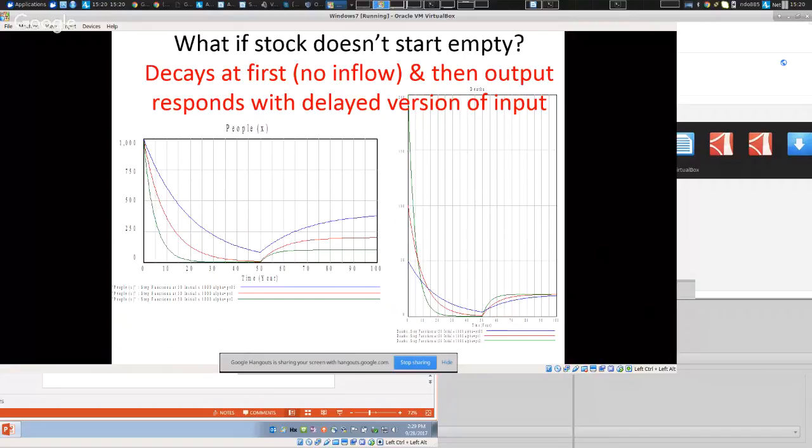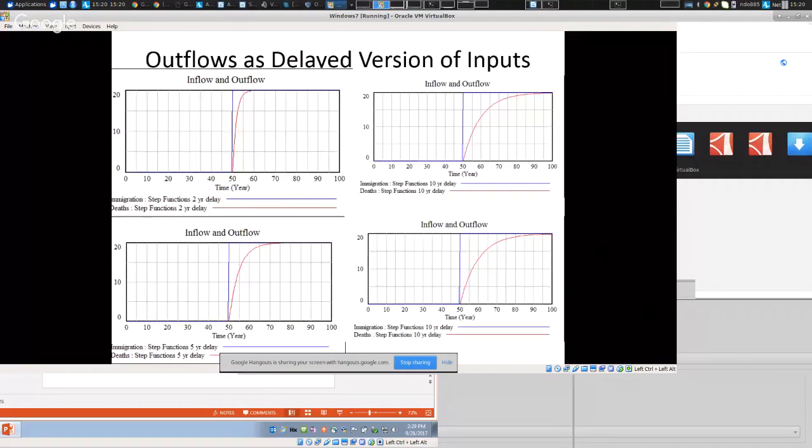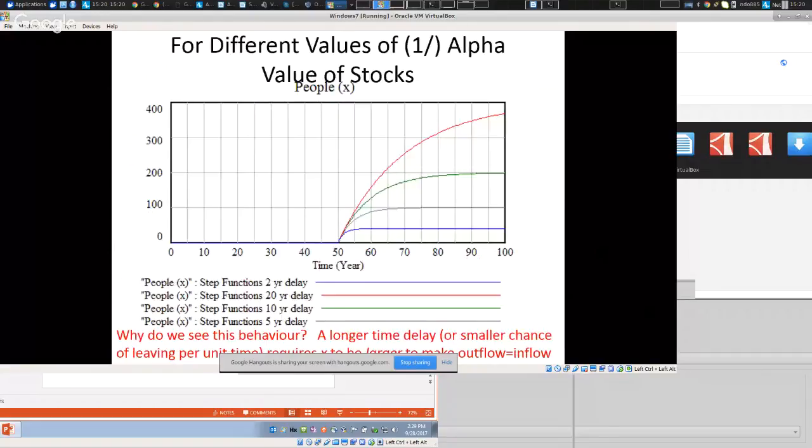You'll notice, and this is very important, this was linked to the problem set that you just finished, the value of the stock that it achieves to be in equilibrium is quite different for different values of alpha or different values of tau.